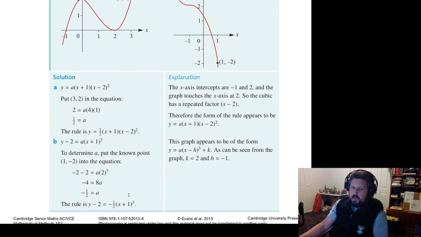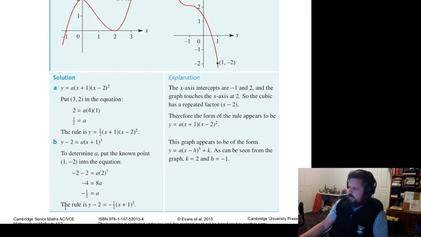With this question here, they've written it out as y take away 2 equals -1/2 (x plus 1) cubed. I'd probably prefer it just y equals -1/2 (x plus 1) cubed plus 2 as the answer. Not sure why they've done it like that. It's still correct. I'd prefer it the other way.